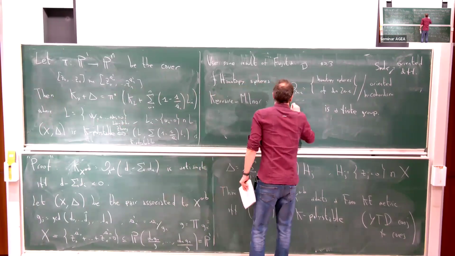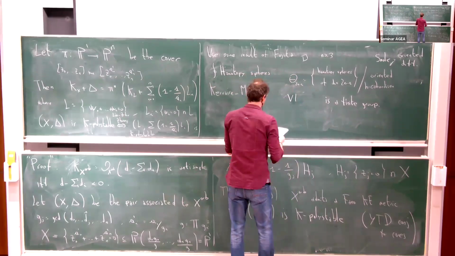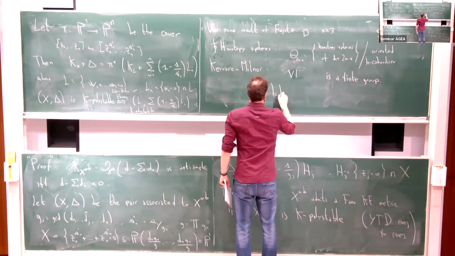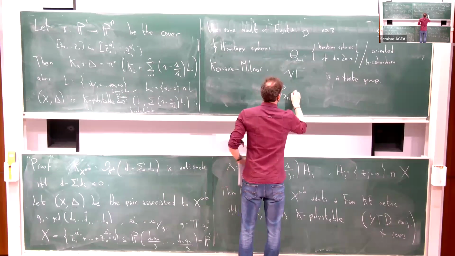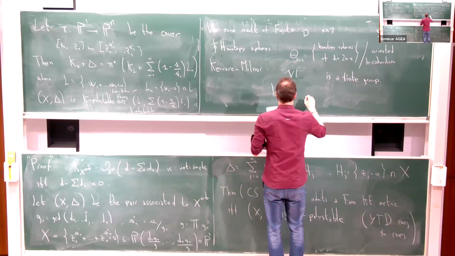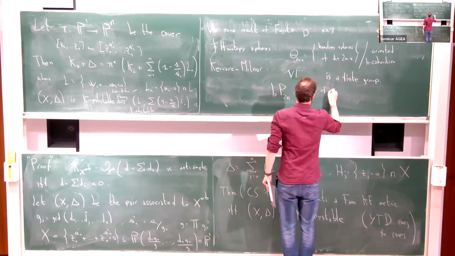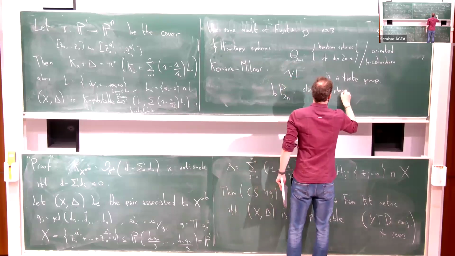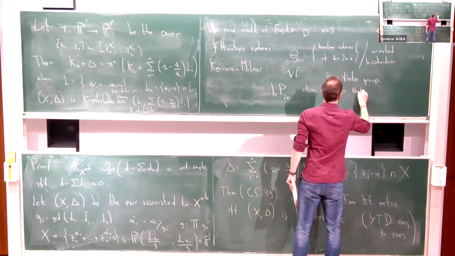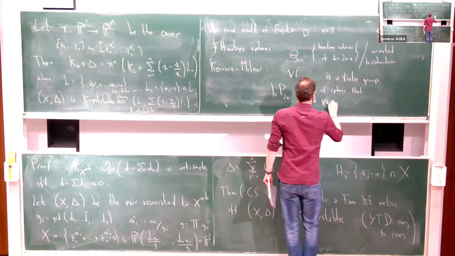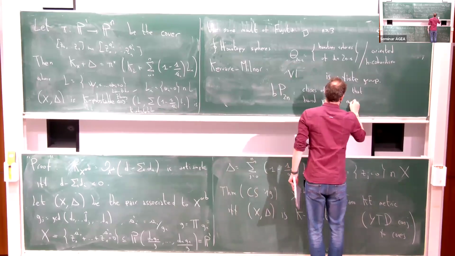And the spheres we are looking at, which are denoted by bP_2n, these are the classes of spheres that bound parallelizable manifolds.